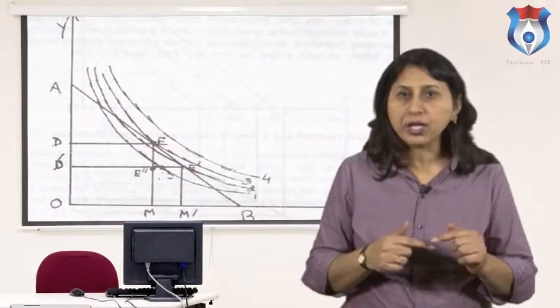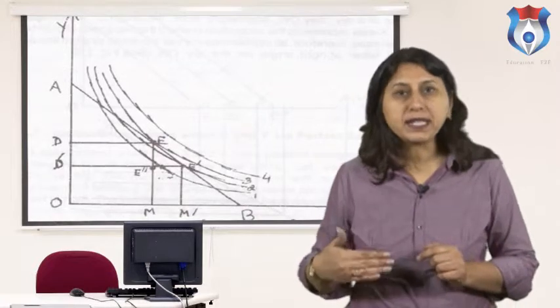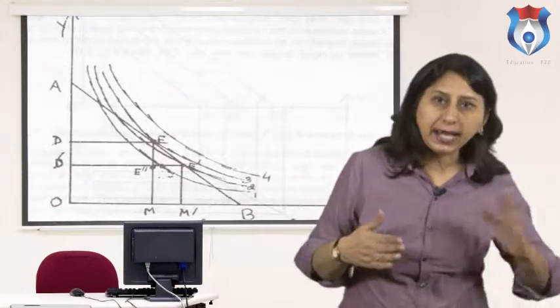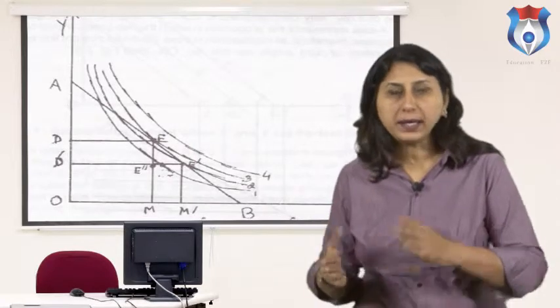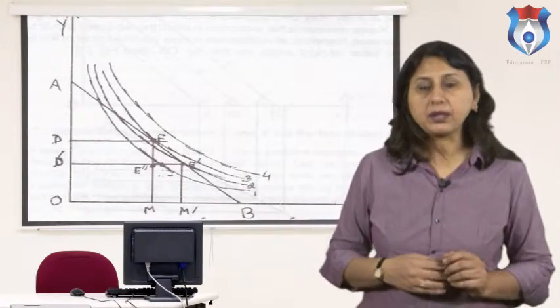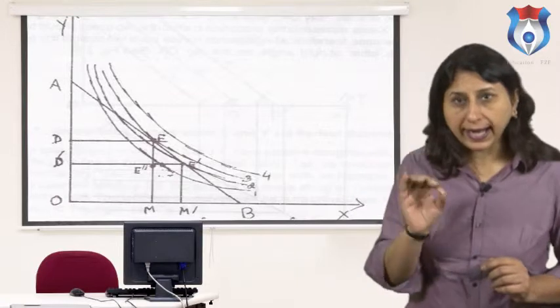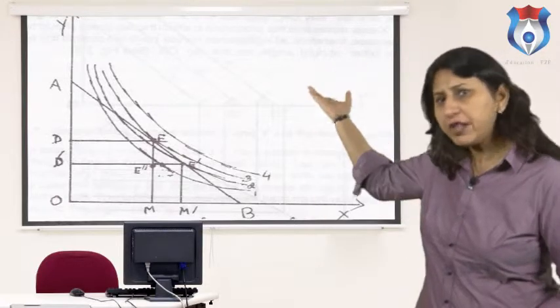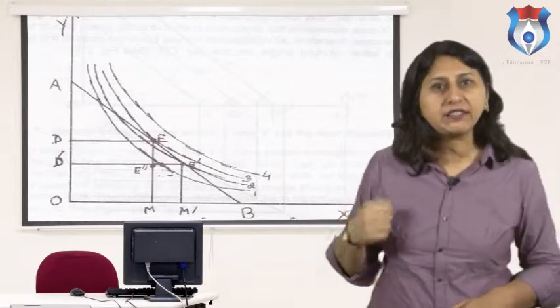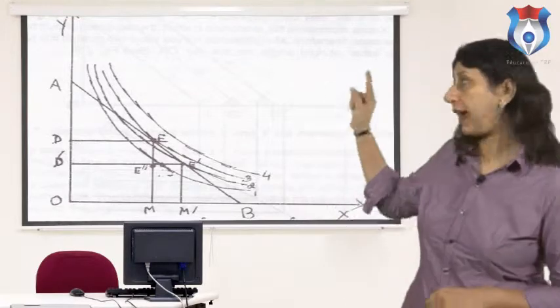Its starting point on the y-axis represents the amount of y that can be bought with given income and price of y, Py. Its end point on the x-axis represents the maximum amount of x which the consumer can buy with given income and price of x, Px.